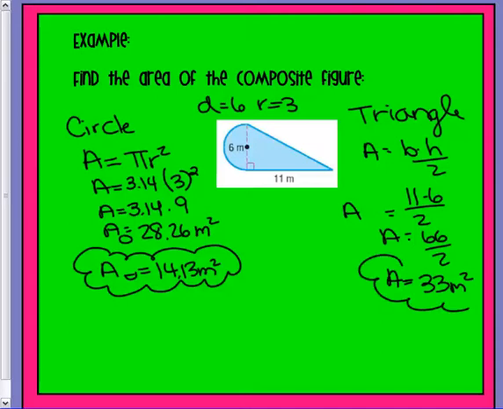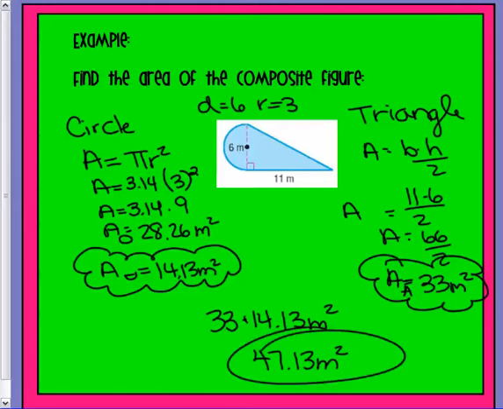So we get the area of our triangle plus the area of our semicircle, and we add them together. So 33 plus 14 and 13/100 meters squared, and we get 47 and 13/100 meters squared as the actual area of the whole shape.